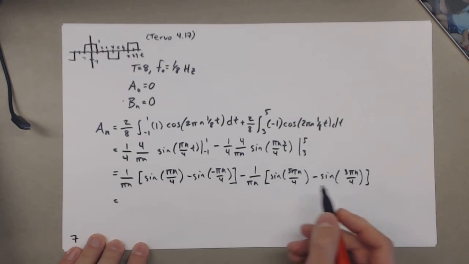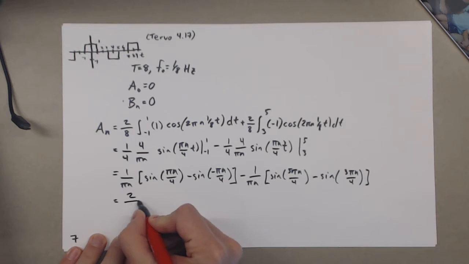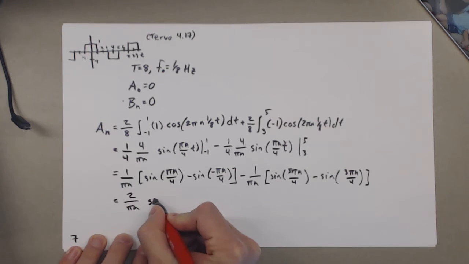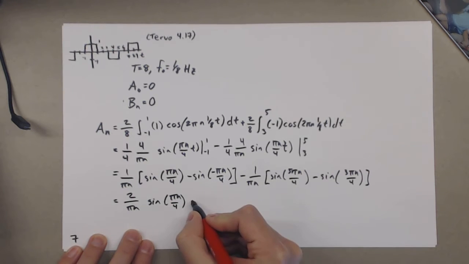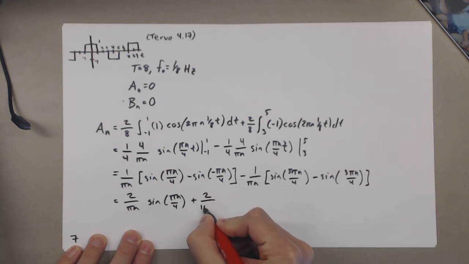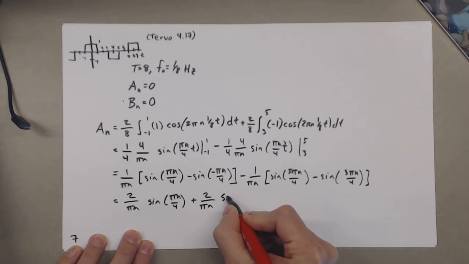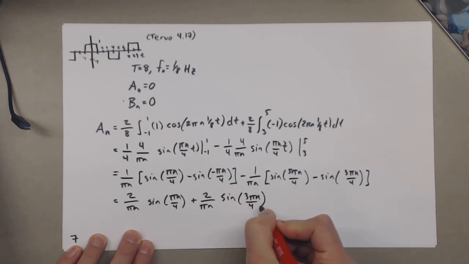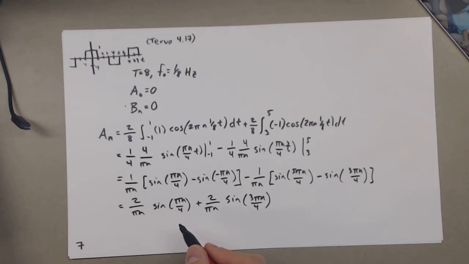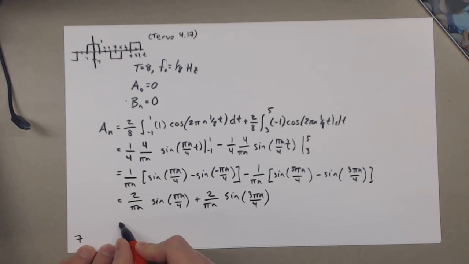And so we have 2 over pi n sine pi n over 4, so this term, plus 2 over pi n sine 3 pi n over 4. If we look at this, it's 0 for all even n, and for odd n, sine of 3 pi n over 4 is equal to sine of pi n over 4.